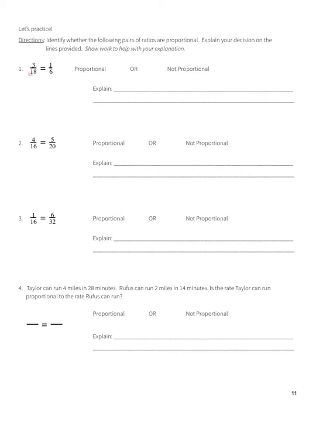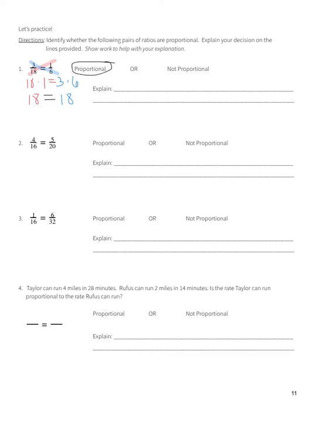So we have our cross products, so these two, 18 times 1 needs to equal our other cross products, 3 times 6, okay? 18 times 1 is 18, and 3 times 6 is 18. So they are equal to each other. When we cross multiply, they have the same answer. So is this proportional? Yes.